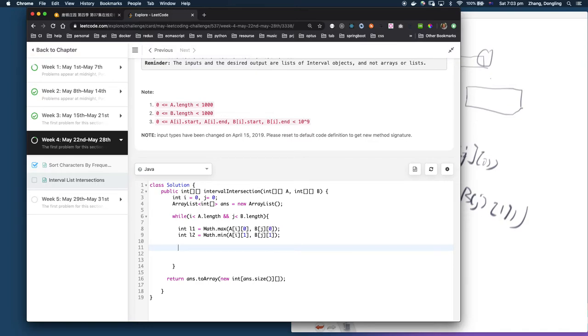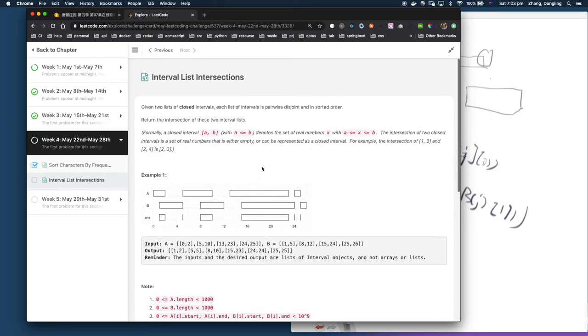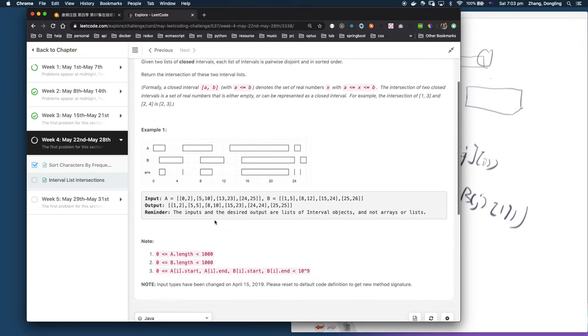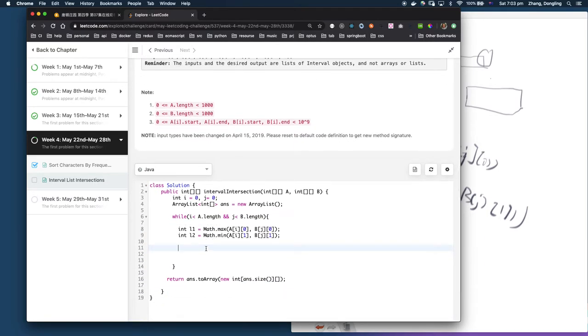It basically just sees if the max of this one is smaller than this one, or the max of this one is smaller than this one, then definitely they won't intersect. So we just check the invalid situation.